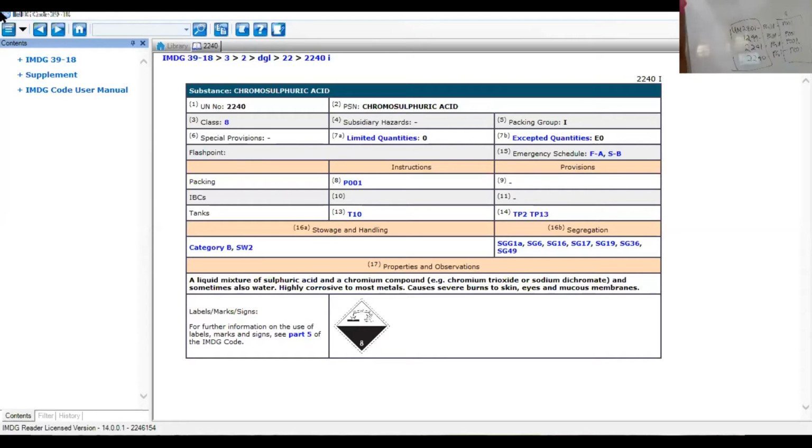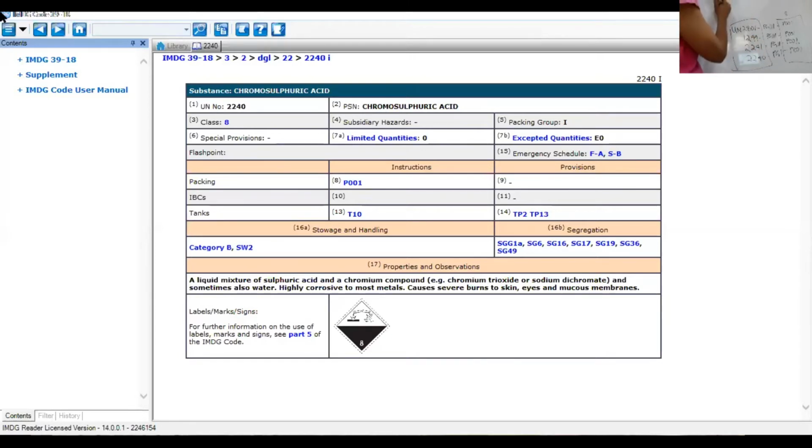And I want to use drums, and I want to use steel non-removable head drums. So this is the 1A1 drums. When I send the drums for performance tests, of course, I as a manufacturer will definitely not be the drum manufacturer.